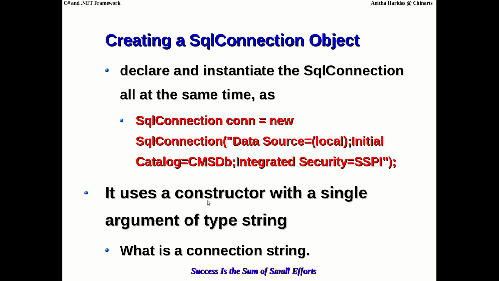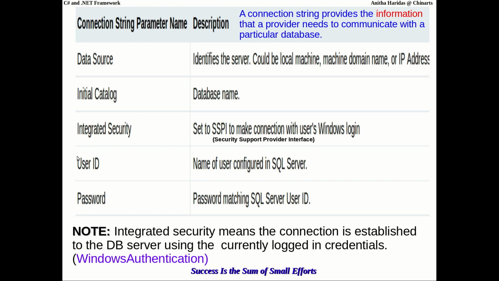But in this example, I have given SSPI, so I need not give any user ID and password, because this is going to use the Windows login as the user credential. So these are the five different parameters you have to give in the connection string: data source name, database name, then the security. If the security is SSPI, I need not give these two. If it is equal to none, then you have to give user ID and password.